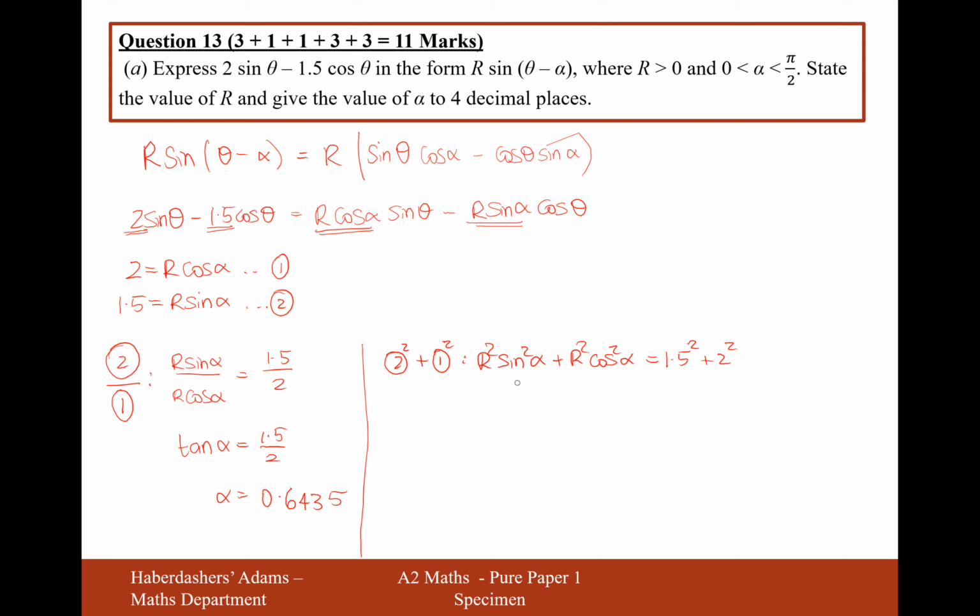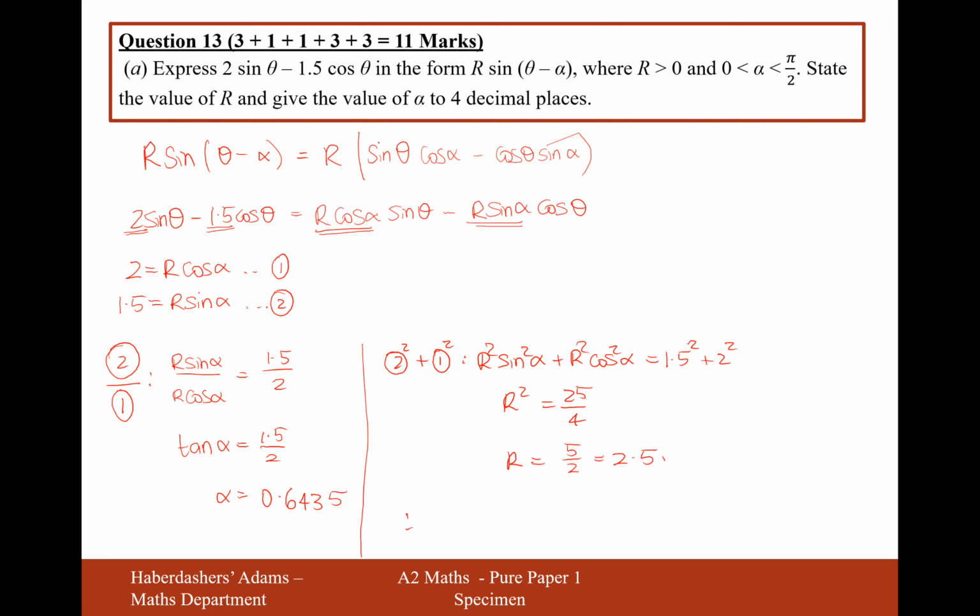What do we then get? Well, sine squared plus cos squared equals 1, so when we factorise out r squared, it would just be r squared times 1. So therefore r squared is equal to 1.5 squared plus 2 squared, 2.25 plus 4, that's equal to 25 over 4. And then when we take the square root of it, it's going to give us 5 over 2, or in other words 2.5.